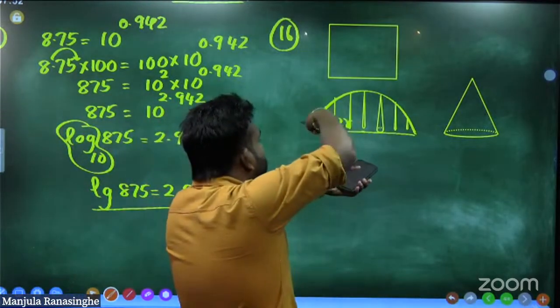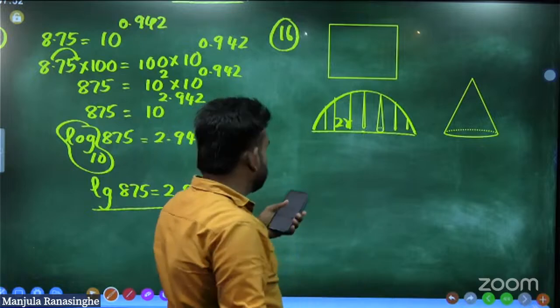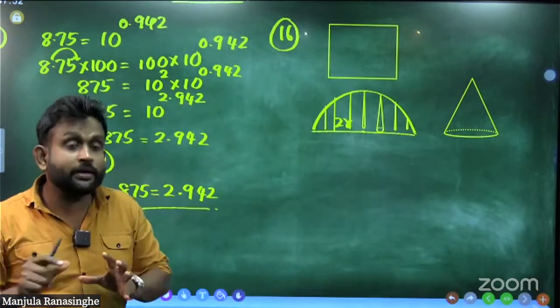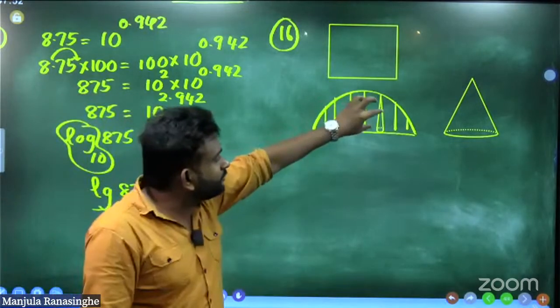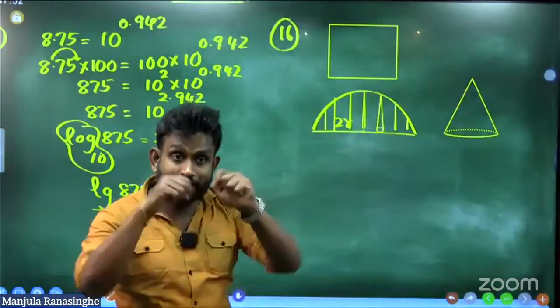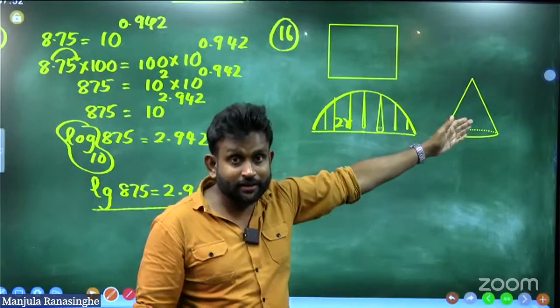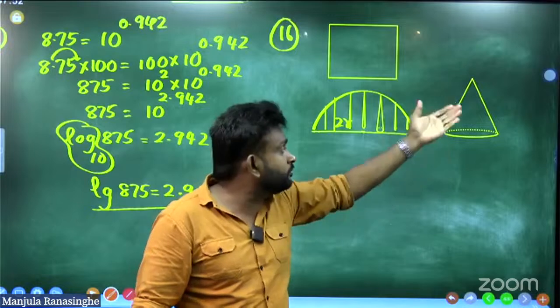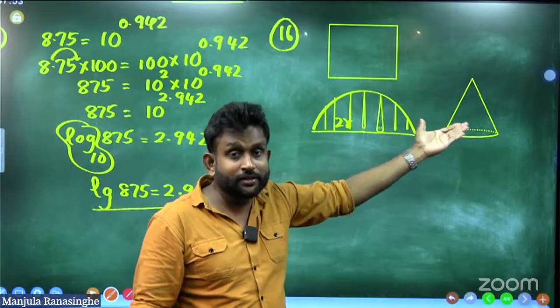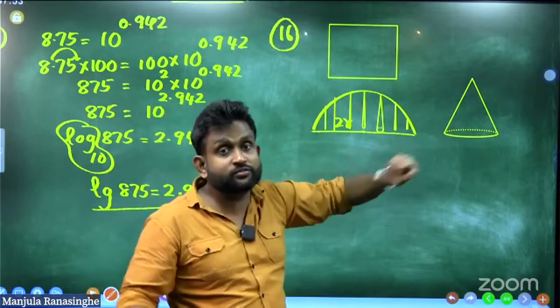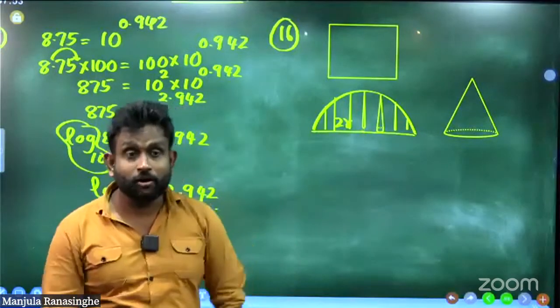The general idea: when you make a cone from this surface, the shape varies, but the same surface is converted into the curved surface. So before moving to the cone, you can find the area of this figure. That area is directly transferred as the curved surface of the cone.